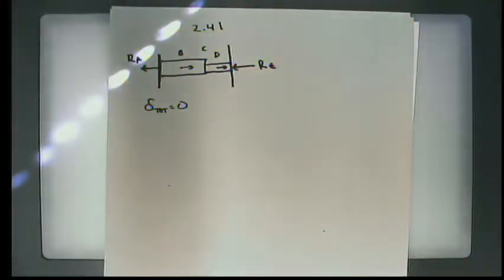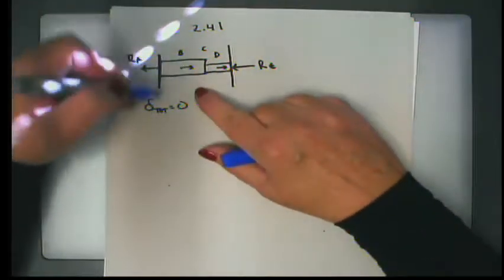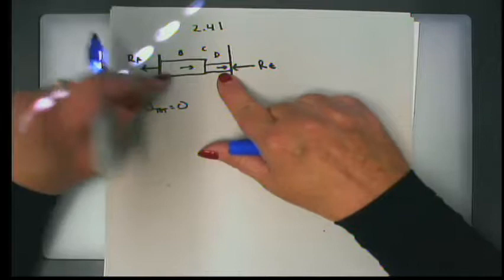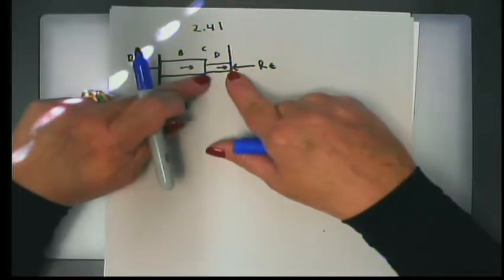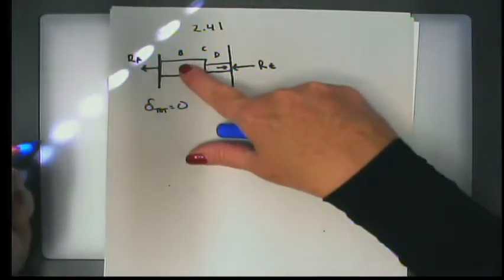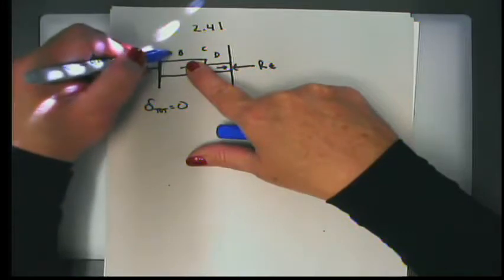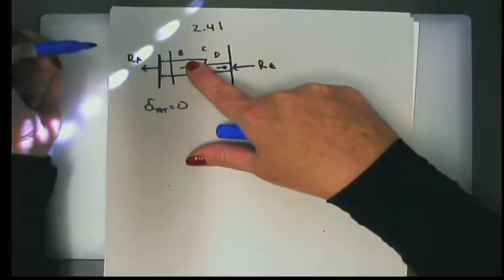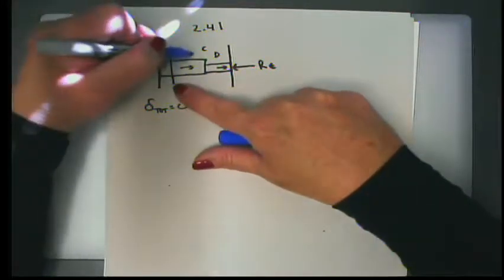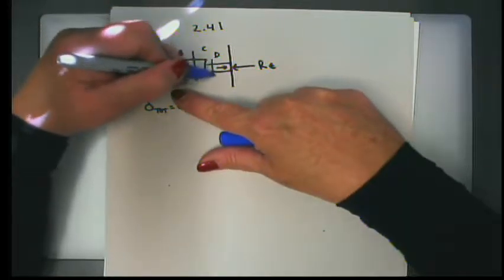Now, the analysis part of this that we need to be aware of is we have two different rods, so we know that we're going to have a del for this rod and a del for this rod. But the del in this part prior to force B, the force applied at B, is going to be different than the one here and here and here.